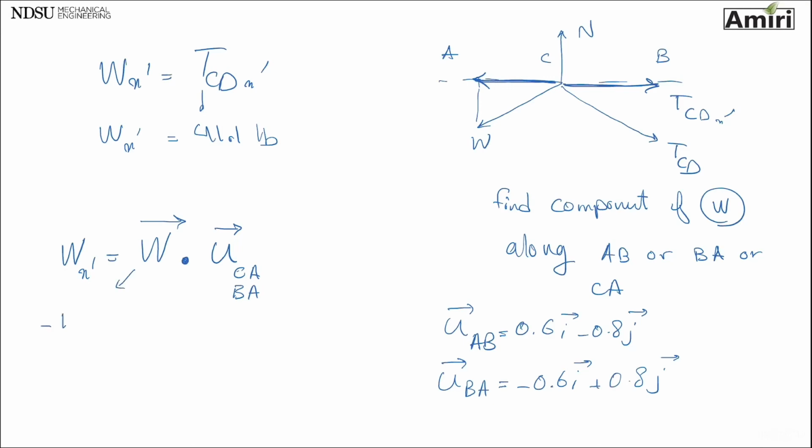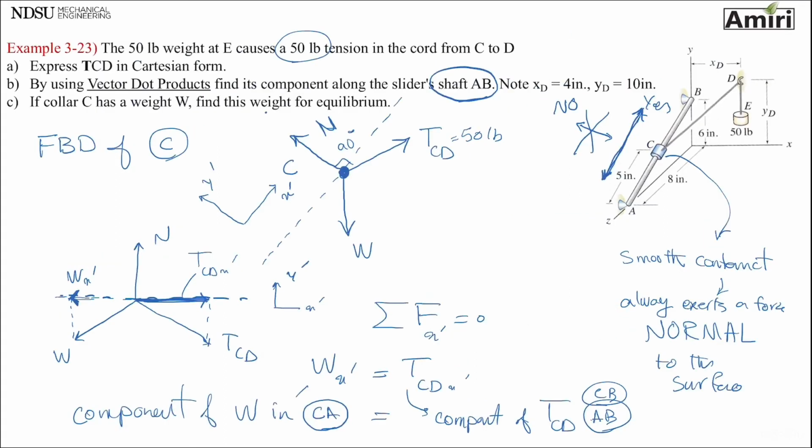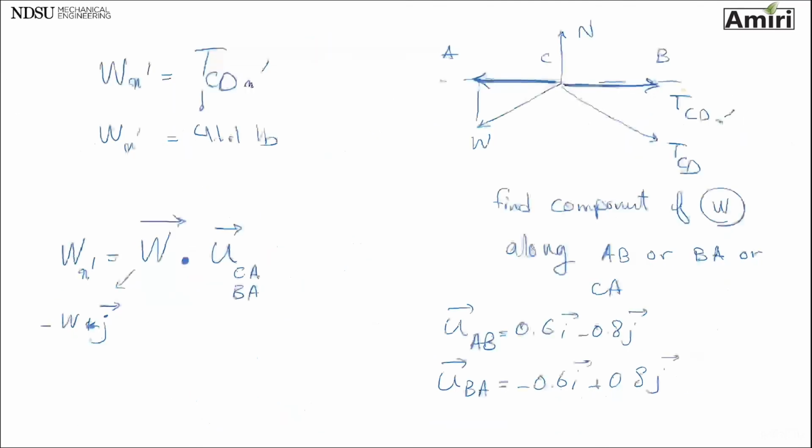It's just minus W j, in this case Y actually, because let's look back here. This is my W, this is my plus Y axis, this is my minus Y axis. Okay. So my W j dot product minus 0.6i, 0.8j.